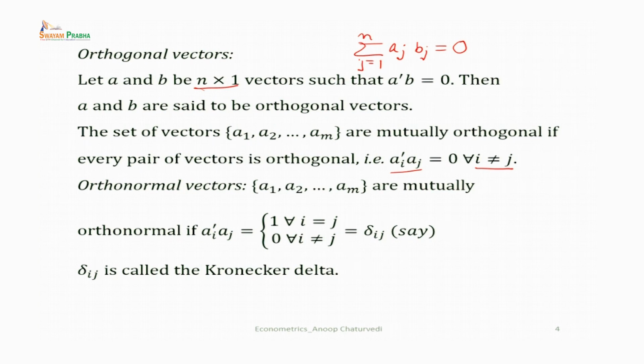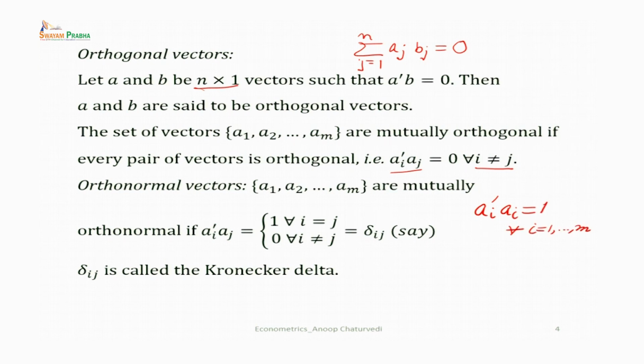Then we define orthonormal vectors. So, a1, a2, am are mutually orthonormal if ai transpose aj is equal to 1 if i is equal to j, and 0 if i is not equal to j. So, the vectors a1, a2, am are mutually orthogonal to each other, and ai transpose ai is equal to 1 for all i.